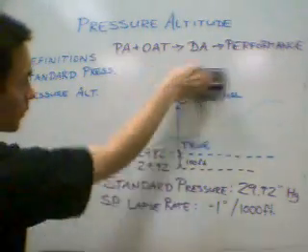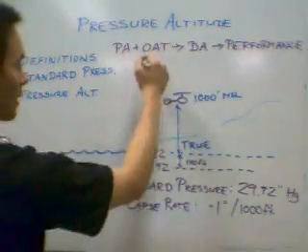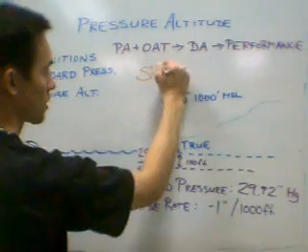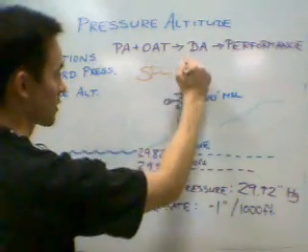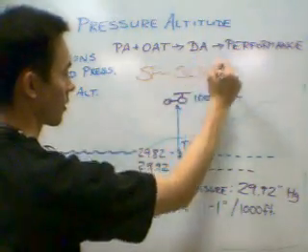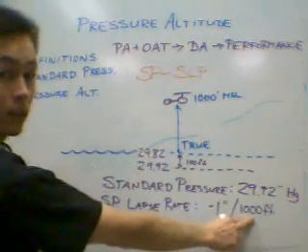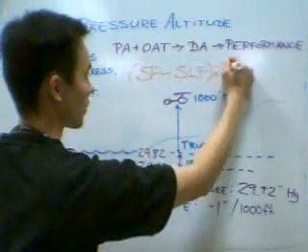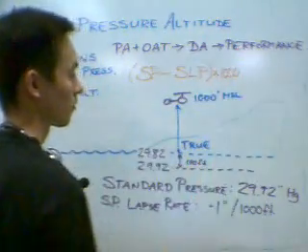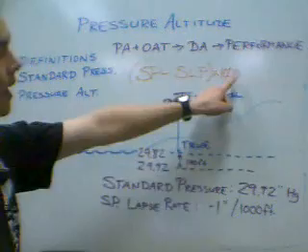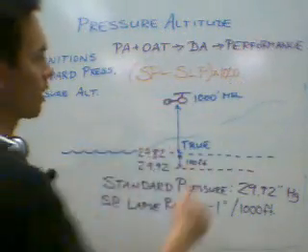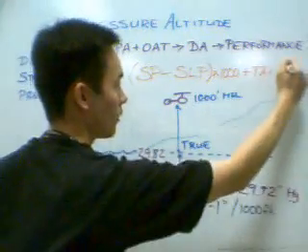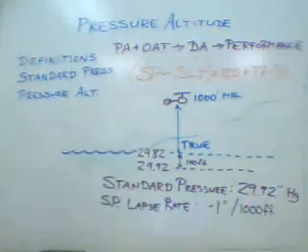Now, if you're mathematically inclined, take your standard pressure, subtract the sea level pressure, times 1,000, and add that to your true altitude, and that will give you pressure altitude.